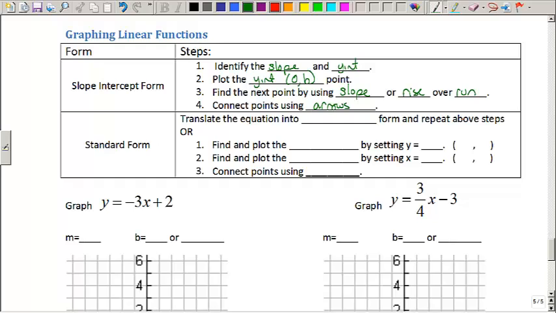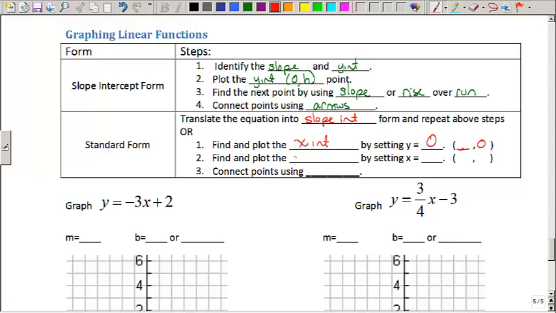The other types of problems we'll be dealing with is graphing from standard form. So one thing that you could do is you could translate the equation into slope-intercept form and then repeat the steps above. Or there's another way of doing it. We could find and plot the x-intercept by setting y equal to 0. And that point always looks like some number, 0.